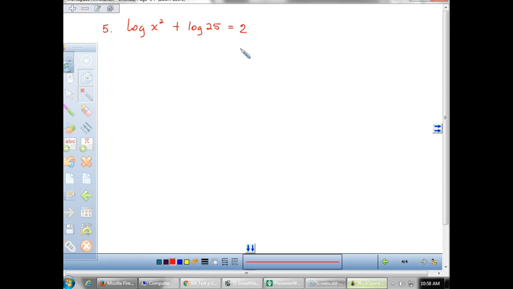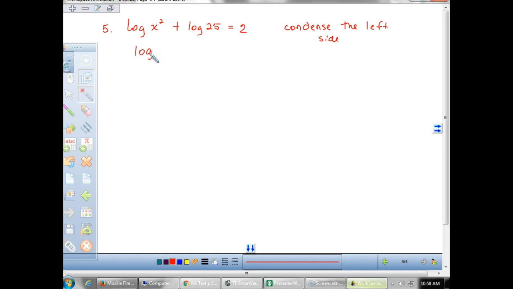Again, logs on the left, no log on the right. So my goal is to get it down to what? Wouldn't it be to condense the left side? So would it be log 25x squared? Yes, very good. So condense the left side.